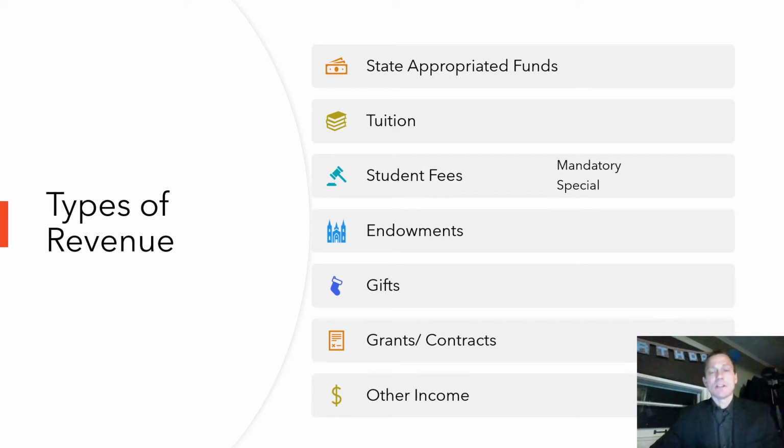Endowments can be a really large lump of money given from a private donor that can be restricted or open to be used in any operational expenses. Gifts are another one that come from outside sources such as alumni, friends, businesses, and other entities. And then there are also grants and contracts.